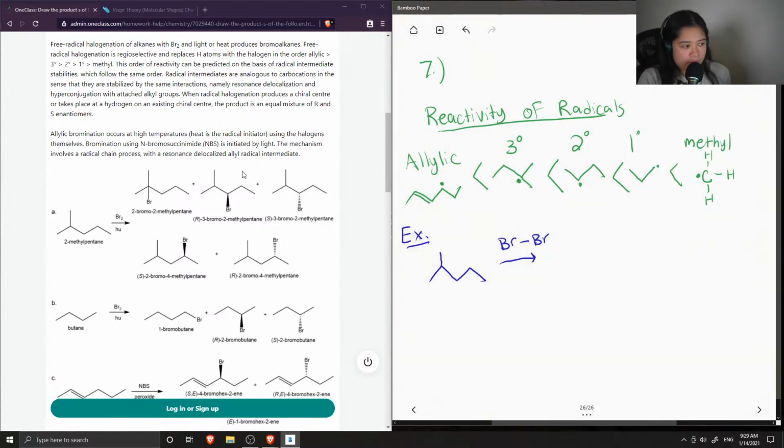You can show the movement of one electron just by using single arrows like this.